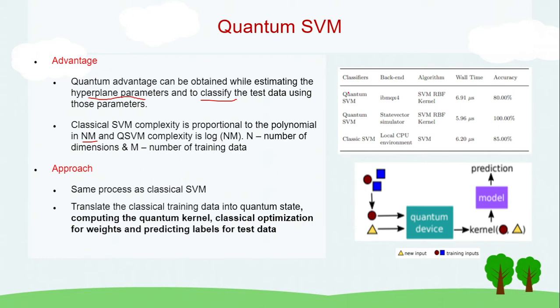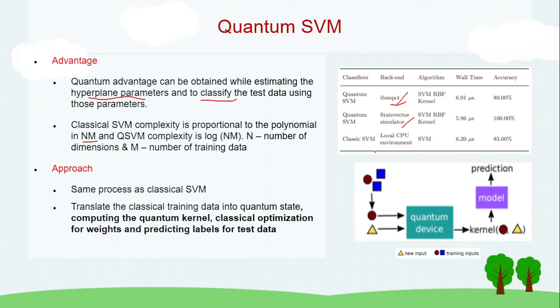It depends on the size of the problem, and there are many more things, but this is roughly the way you can compare the complexity of classical and quantum SVMs. I don't know what problem they used, but they have given the result. They used quantum SVM. First they ran it in a simulator, mostly, then on a quantum computer.